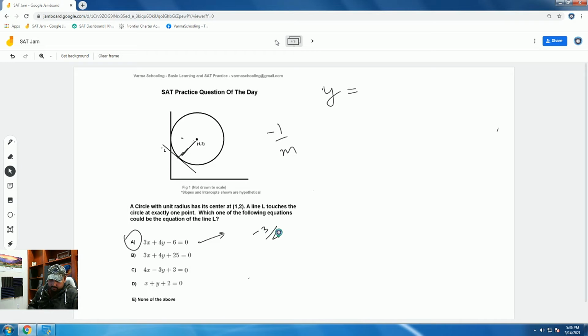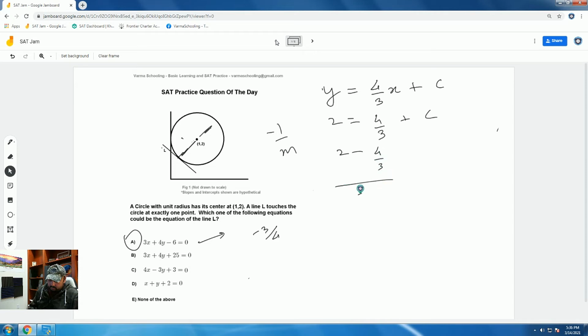So the slope of the perpendicular line would be 4 by 3. So y equals 4 by 3 x plus c. Let's plug in, because the line passes through 1, 2. So x equals 1, and y equals 2. Okay, so we get the value of c, 2 minus 4 by 3.